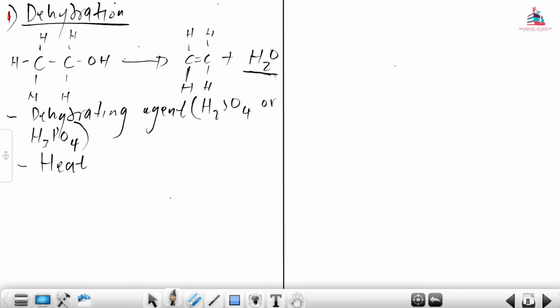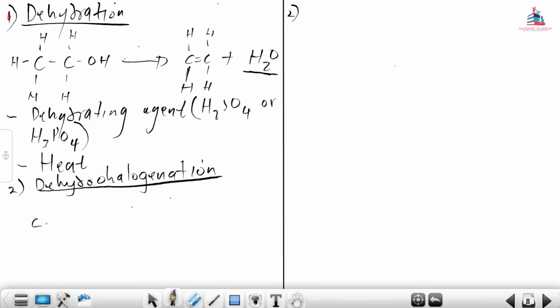Then we can go now to number 2. Number 2, okay, let's add number 2 here. It's dehydrohalogenation. We need to know all these heavyweights.